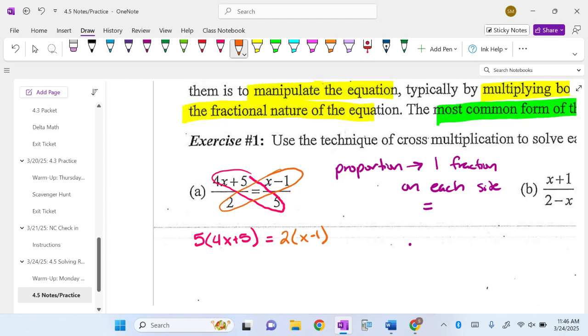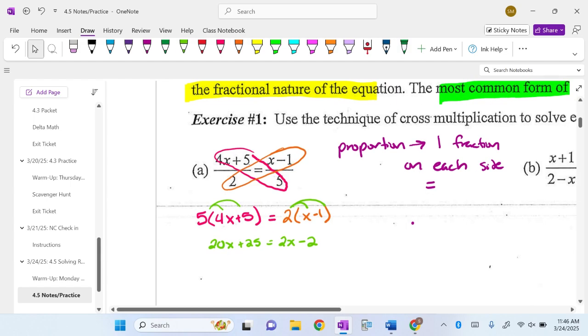Just like that, we took that rational expression and turned it into a linear equation. Now we can solve. What's my first step for solving? Distribute. So I'm going to distribute on both sides. 5 times 4x is 20x. 5 times 5 is 25. Is equal to 2 times x is 2x. 2 times negative 1 is negative 2. What's my next step?